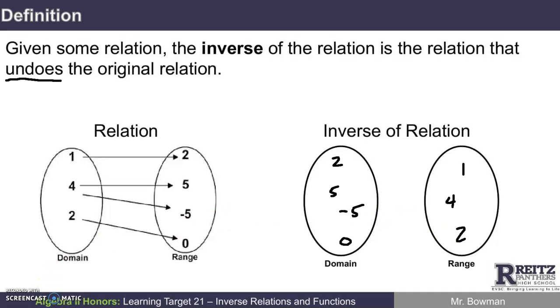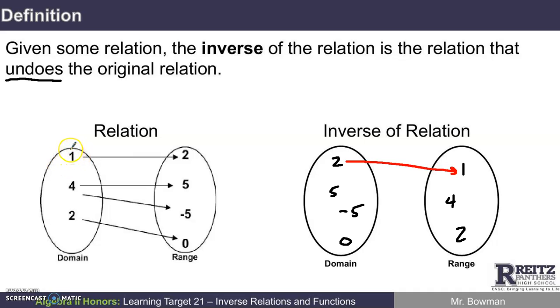So what's left to do here is to make sure that we've hooked up the proper elements from the domain to the proper elements of the range. So I see that the ordered pair 1, 2 was in the relation. I need to make sure that my inverse contains 2, 1. In other words, it undoes that.